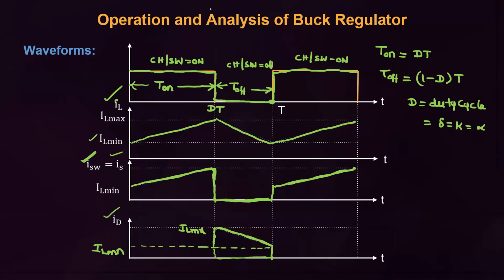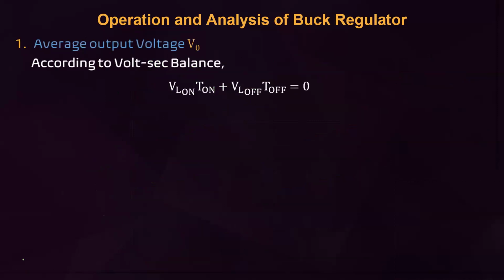With this knowledge, the first formula I have to derive is the average output voltage of the buck regulator. I will give many formulas, and every formula is important; many times questions are framed from them in different complex ways. I told you already, to derive the different formulas, first you use volt-second balance. According to volt-second balance, VL on into T on plus VL off into T off equals 0.